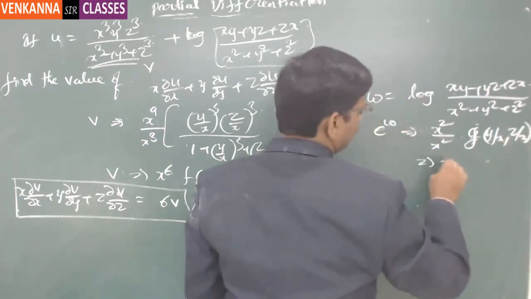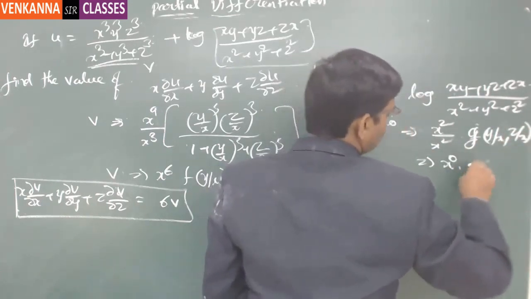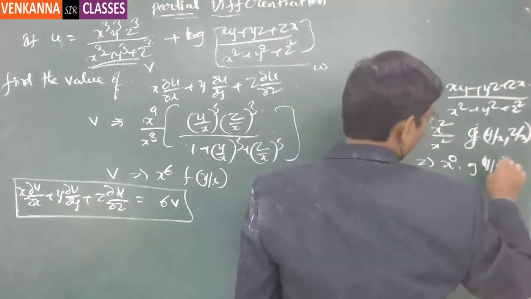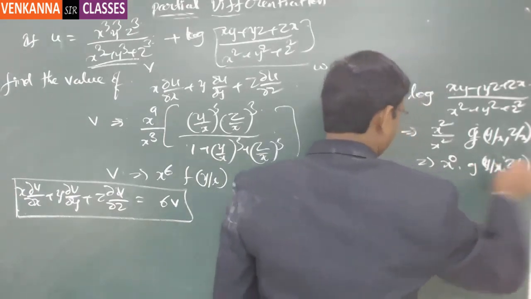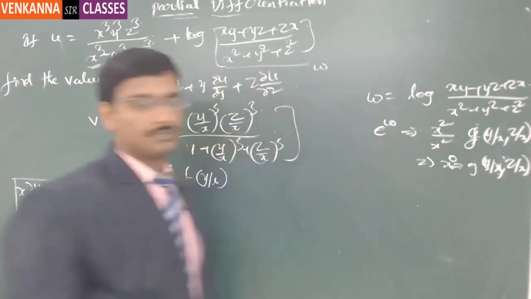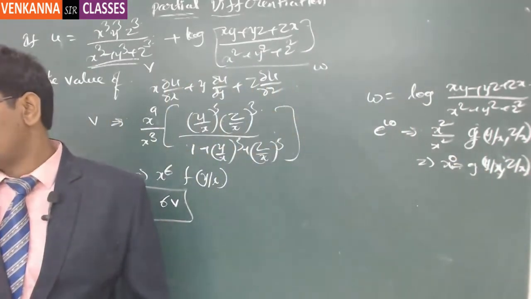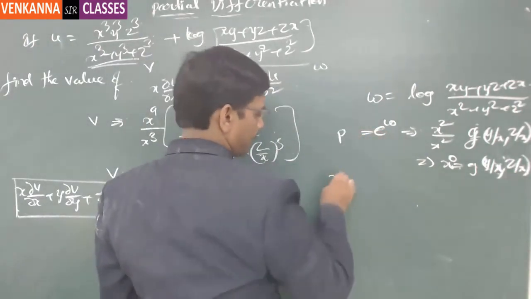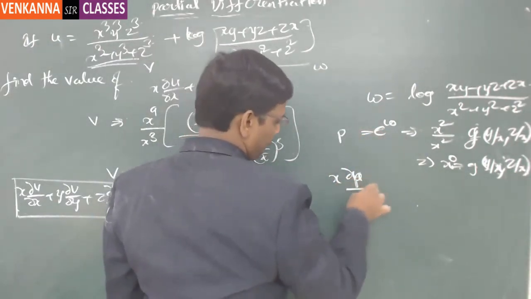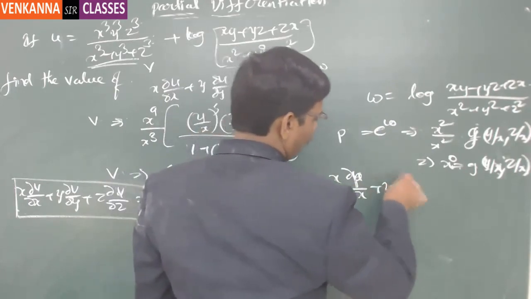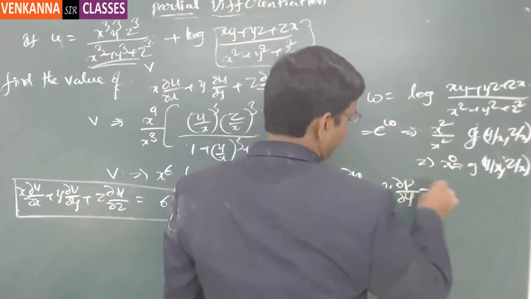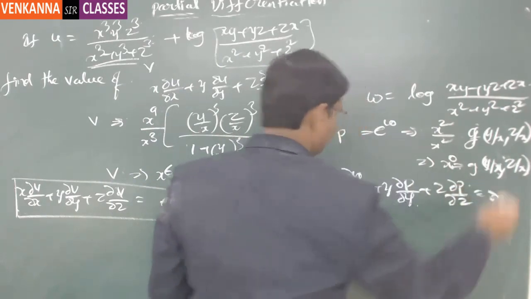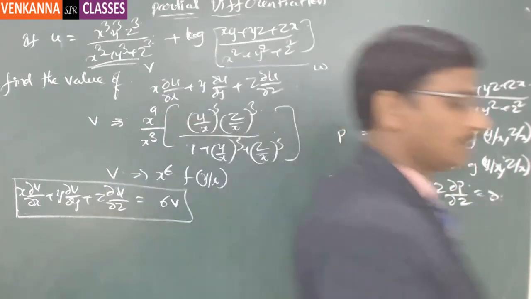Now this is x power 0 into g of y by x comma z by x format. Now this is power 0, so n is equal to 0. Then if I call e power w as p, then x dou p by dou x plus y dou p by dou y plus z dou p by dou z is equal to 0. Right? So this is equal to 0.